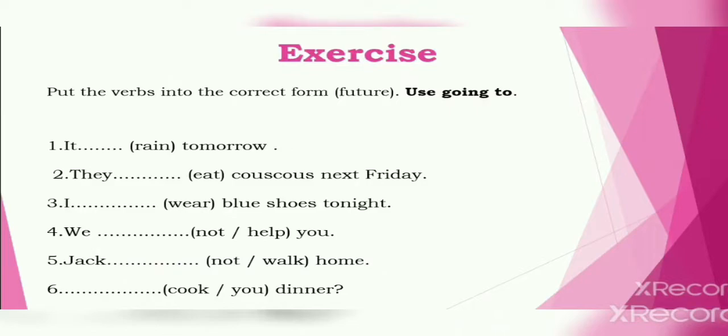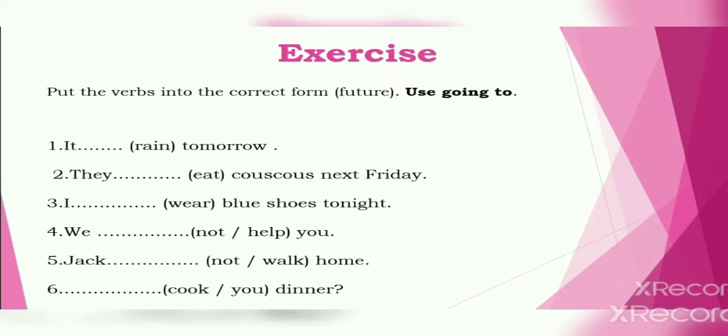Now let's do this exercise. Put the verbs into the correct form. You are going to put the verbs between brackets in simple future by using be going to. Number 1, it, rain tomorrow.